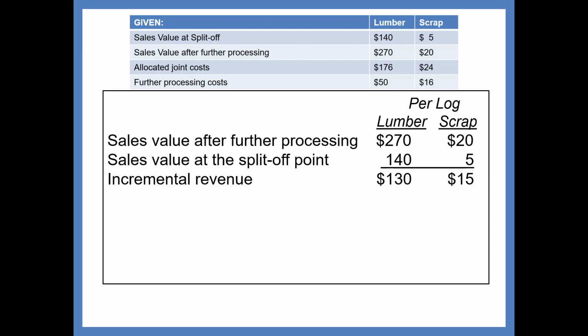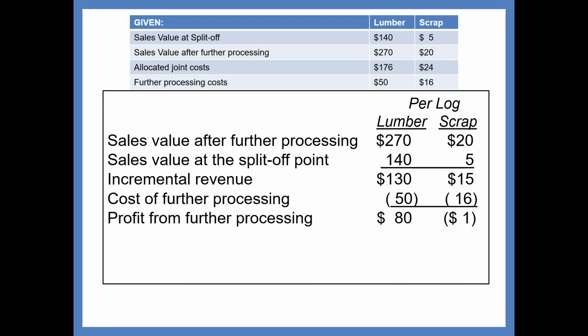We'll now compare that to the extra cost we will incur. That's the further processing costs of $50 and $16. So the result is profit from further processing will be $80 if we go from lumber to treated lumber, and -1 if we go from scrap to Presto logs.